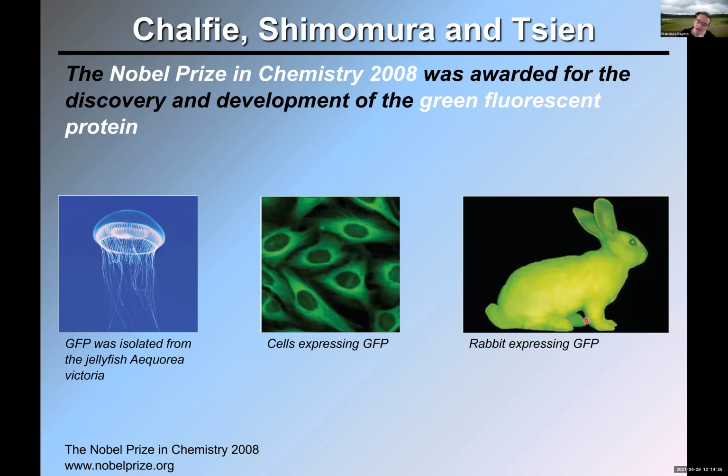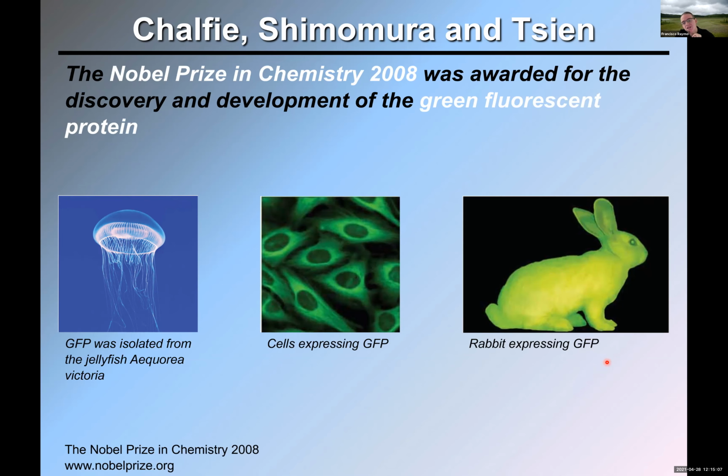And this can also be done with fully developed animals. If you search online for glowing animals, you'll see all kinds of strange pictures with rabbits and pigs and all kinds of animals that do express GFP. And as I said, in addition to GFP, today we have plenty of other fluorescent proteins that produce yellow, red, and magenta, and all kinds of colors.